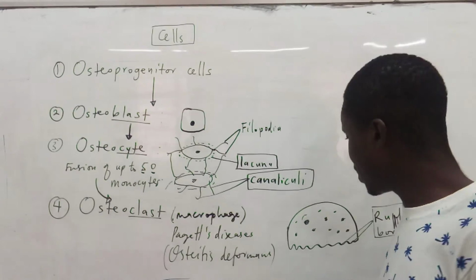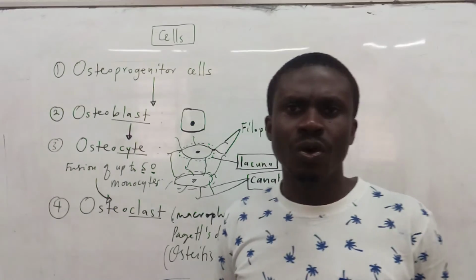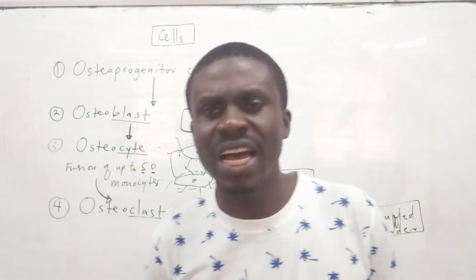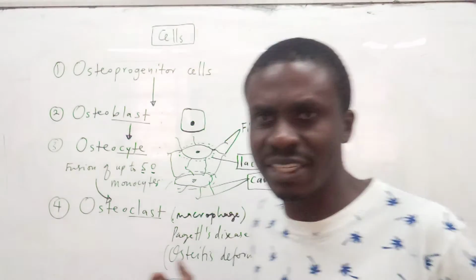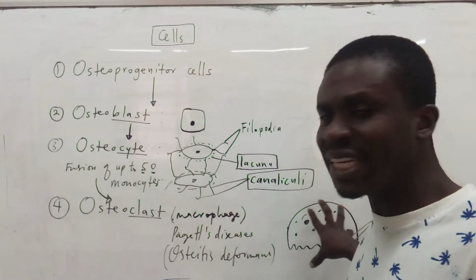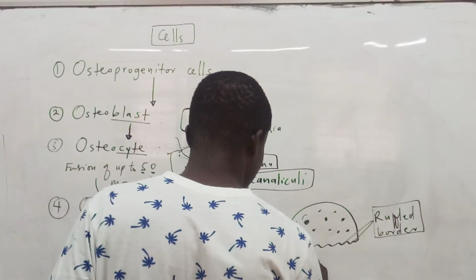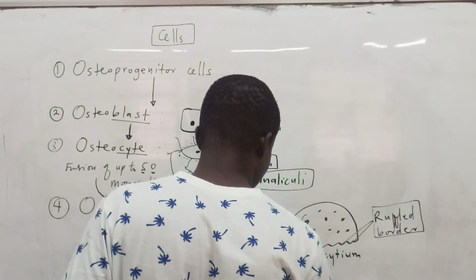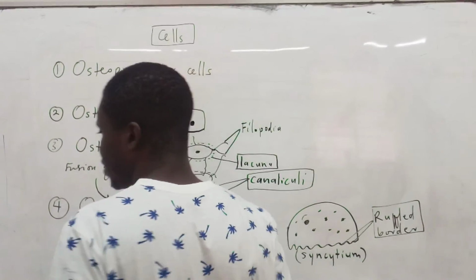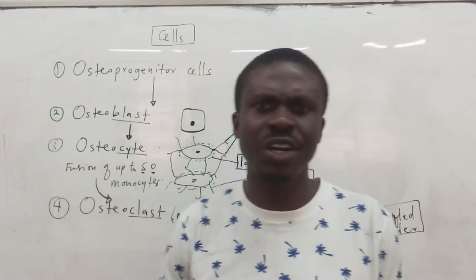Now remember, it has a lot of nuclei in it. For that reason, when you have a cell with a lot of nuclei, we say that cell is a multinucleated cell. So there's a multinucleated giant cell, which we also call a syncytium. Please keep an eye on that word, syncytium. Very important.